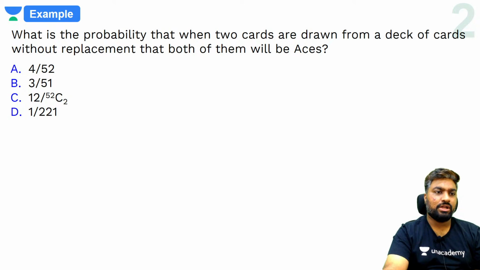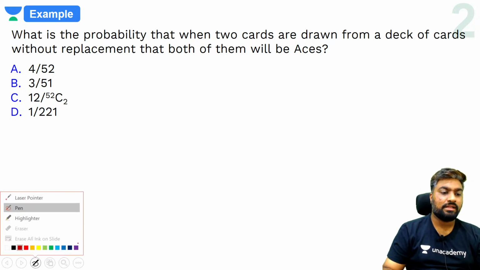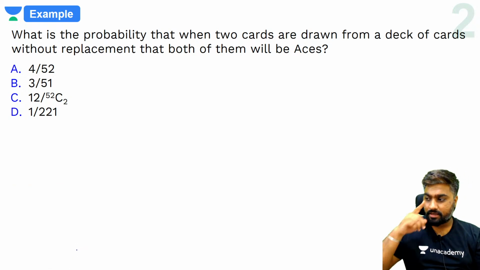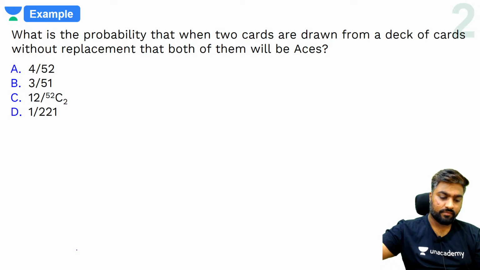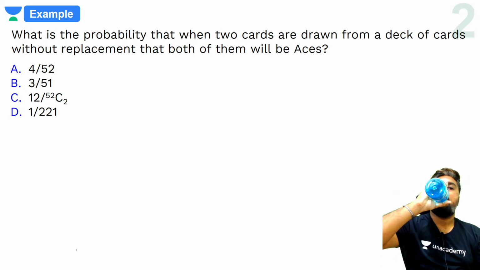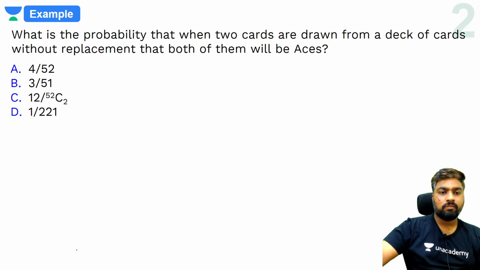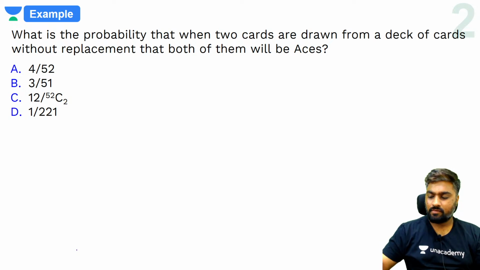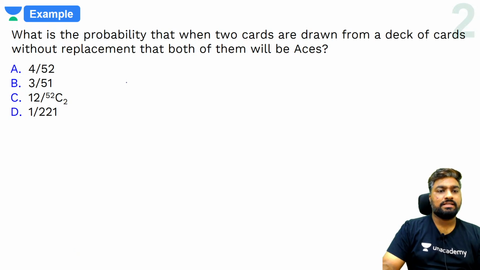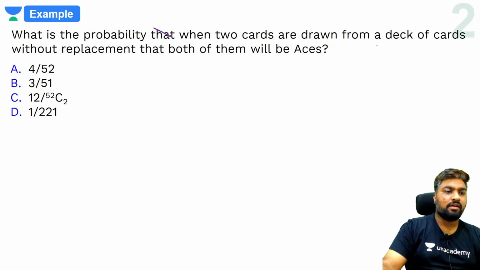All right, let's move on to the second question now. Read the question carefully and then try it, okay? What is the probability when two cards are drawn from a deck of cards?